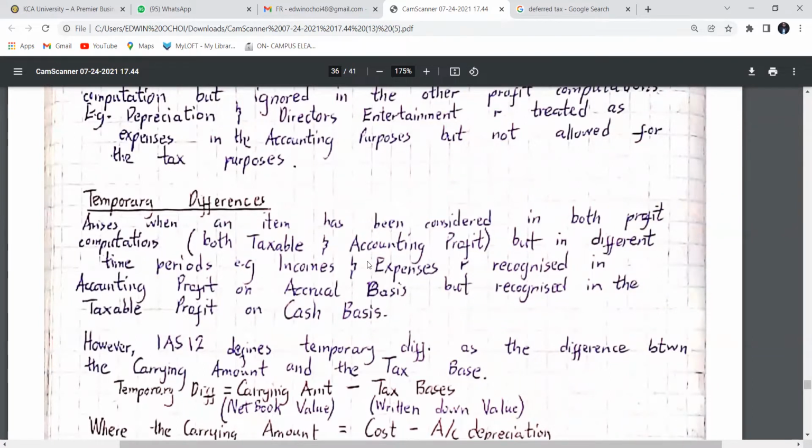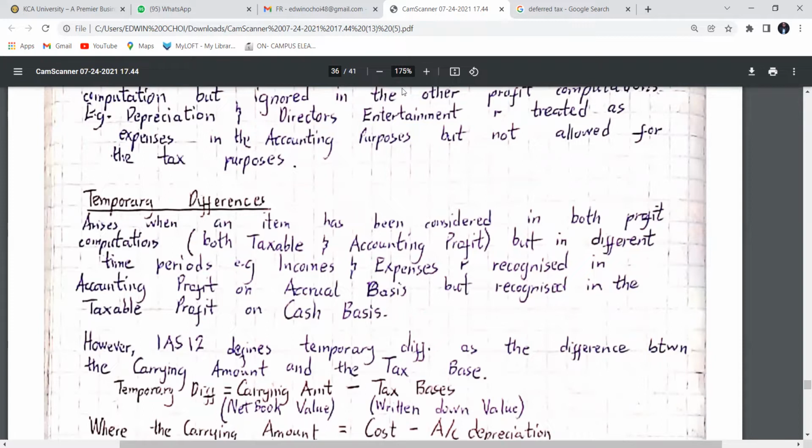Then the temporary difference is whereby you find items have been considered in both profit computations, that is both in accounting and in tax, but now in different time periods. When I talk about different time periods, it means that based on the accounting concepts or accounting basis.